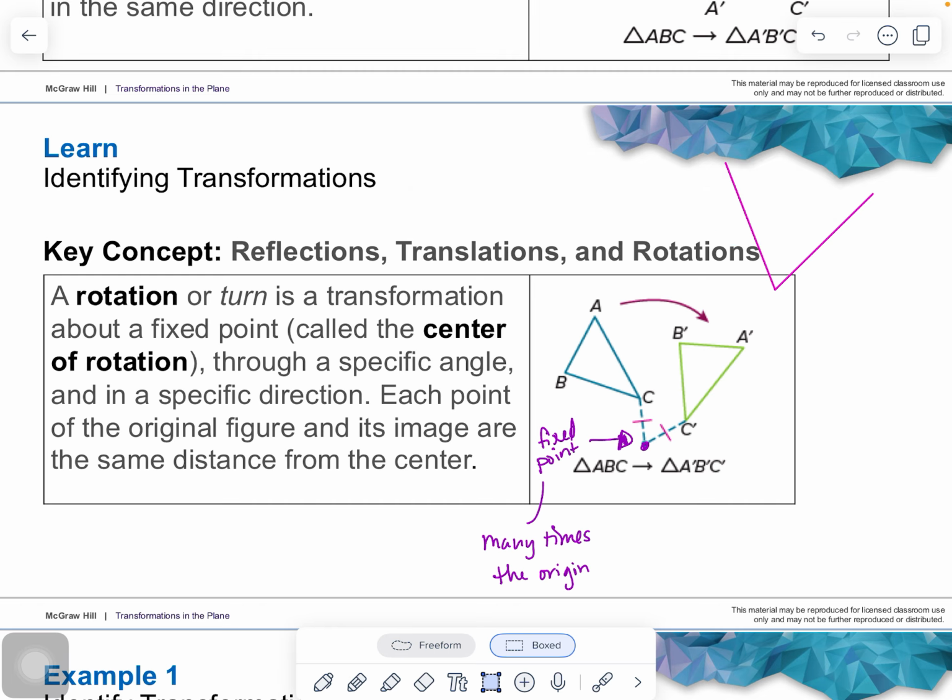If I measured them with a ruler, the same length. They just have an angle between them. They have rotated a certain amount, but they are the same length.